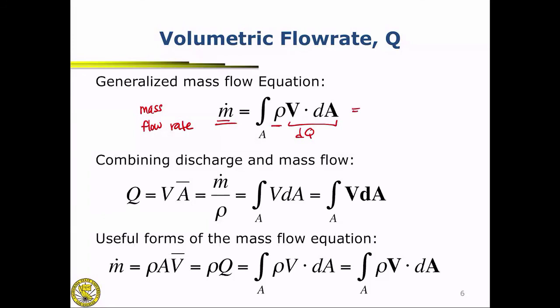So if we have a predictable area similar to a pipe, then our m dot is just going to be density multiplied by velocity multiplied by A, or density multiplied by Q. That's going to be our mass flow rate.